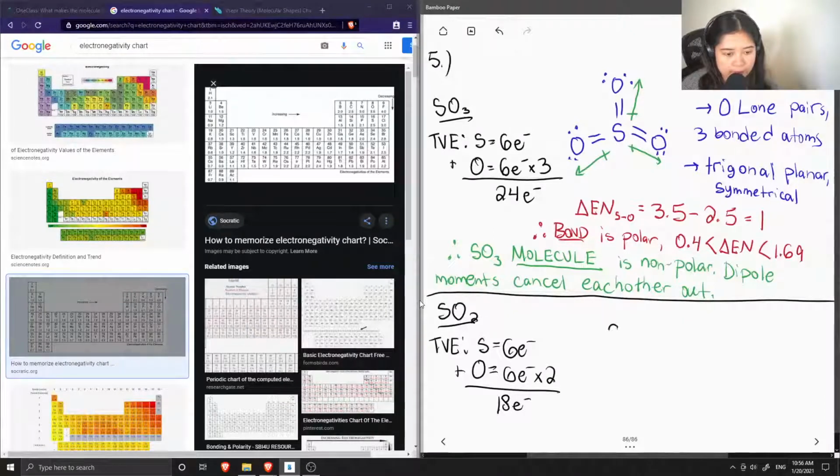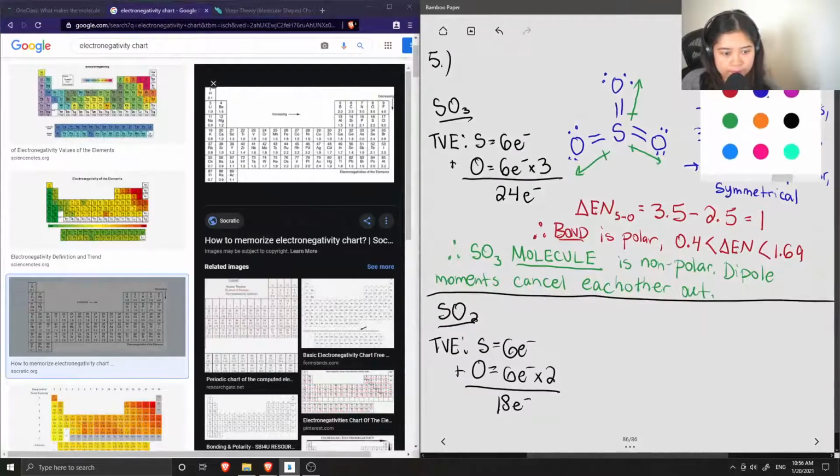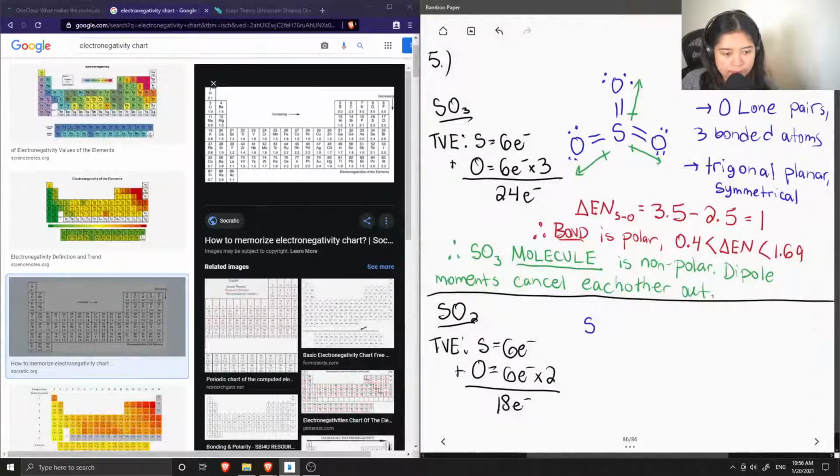If we draw sulfur again as our central atom and 2 double bonded oxygens, and count the number of electrons, I only have 16, so the remaining 2 will be a lone pair on the sulfur atom.